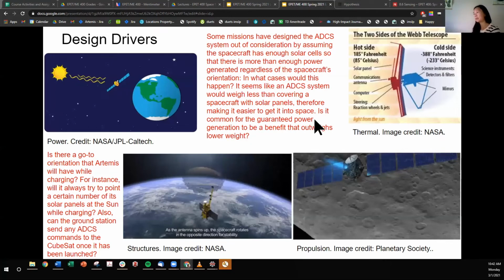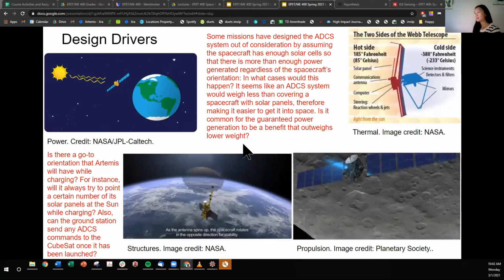Is it common for the guaranteed power generation to be a benefit that outweighs lower weight? Yeah, it is. I don't know if common's the word I would say, but it's not uncommon. You just got to do your trade.